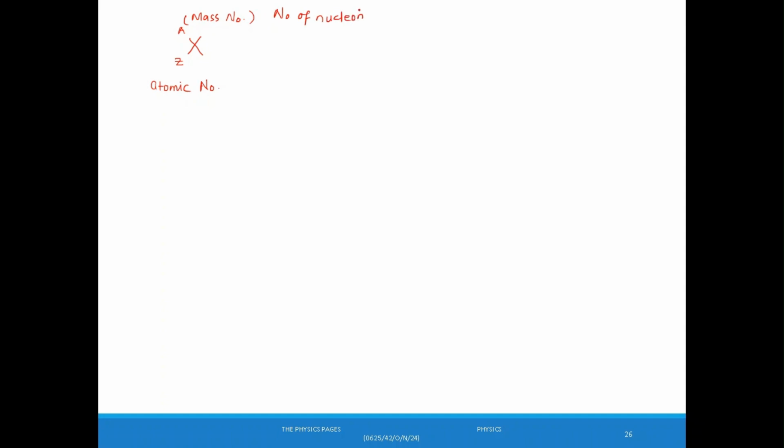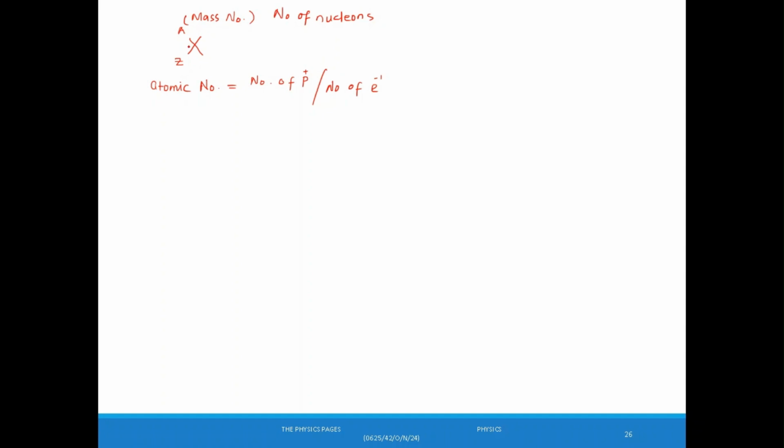What does it mean? It means that atomic number contains only either the number of protons in that atom or the number of electrons revolving around the nucleus, because the number of protons is equal to the number of electrons to make an atom neutral.